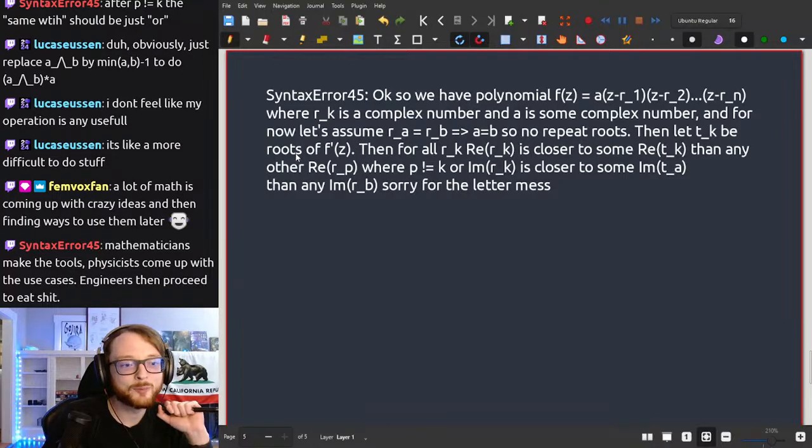Let T sub k be the number of roots of f prime z, right? For a polynomial with distinct roots, shouldn't it be degree minus 1? Oh wait, no. Well, wait. Yeah, it should still be degree minus 1, but I do have to remember these are complex coefficients.